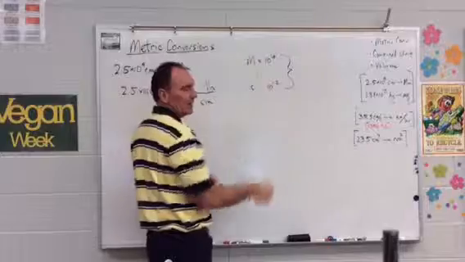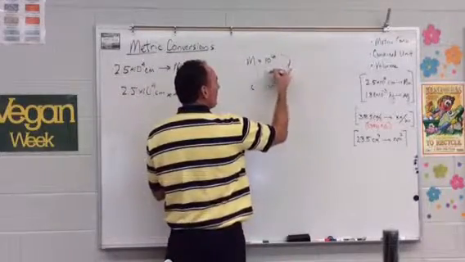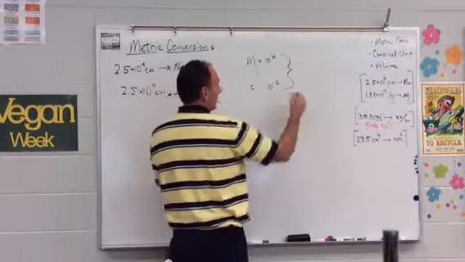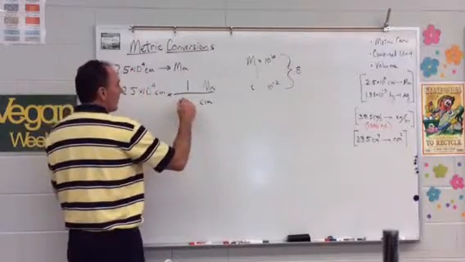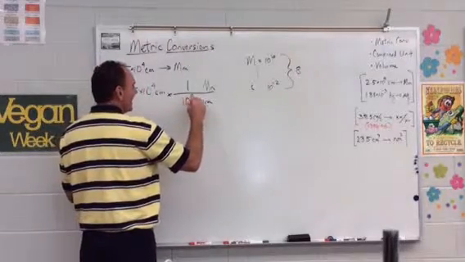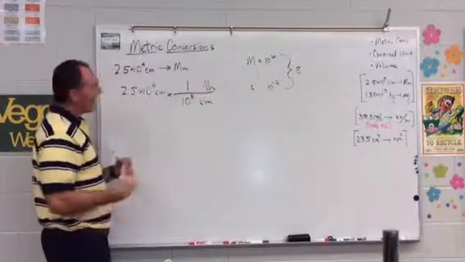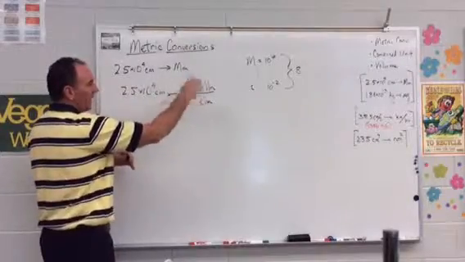I'm not subtracting those, I'm looking at the number of powers of 10 difference. 6 to the base is 6 powers of 10. Base to minus 2 is 2 more powers of 10. That's 8 powers of 10 difference, which means there are exactly 10 to the 8th centimeters in a megameter. So that's the easiest way of determining your conversion factor.